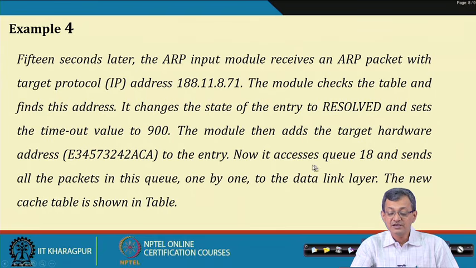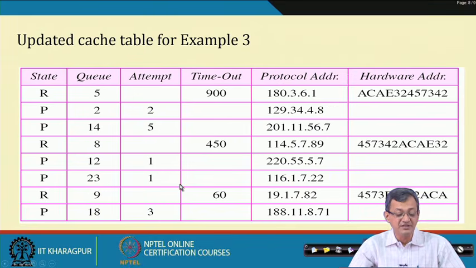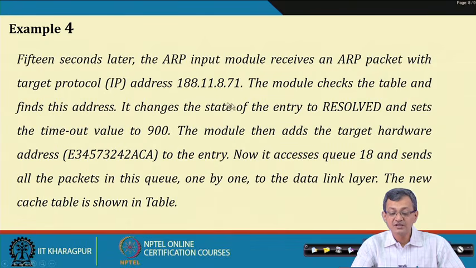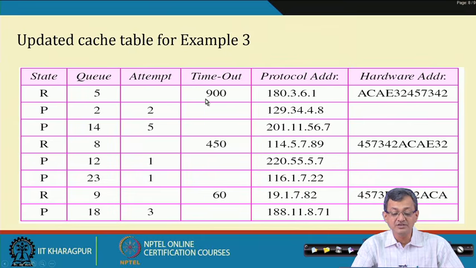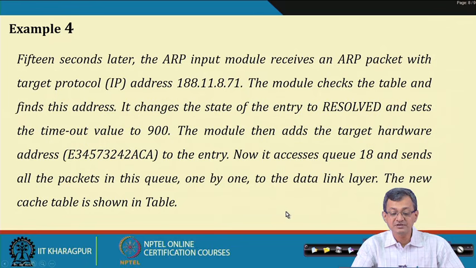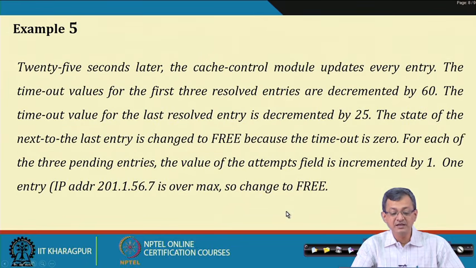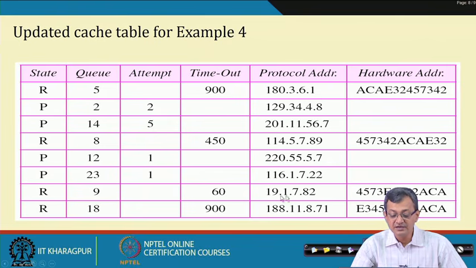Now it accesses queue 18 and sends the packet from the queue. It was in a pending state, and now it is resolved with the IP address and MAC address like this.